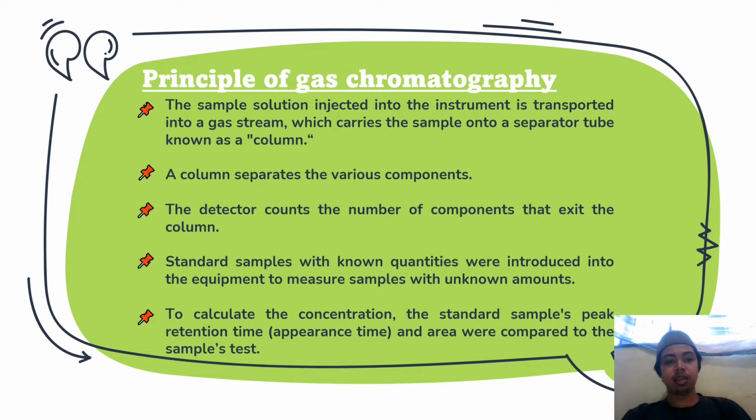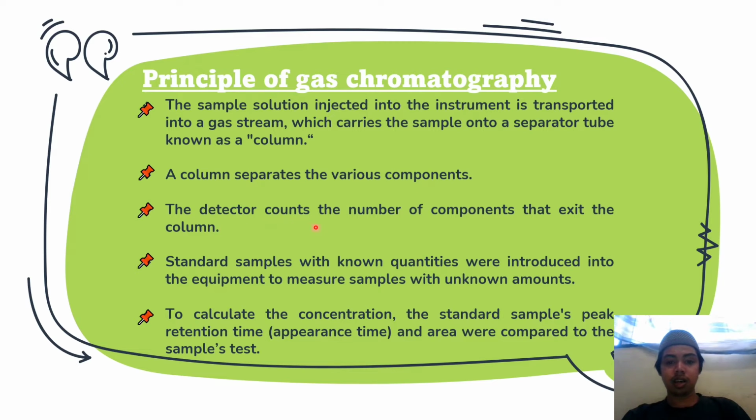What is the principle of gas chromatography? The sample solution injected into the instrument is transported in a gas stream, which carries the sample onto a separator tube known as a column. A column separates the various components.